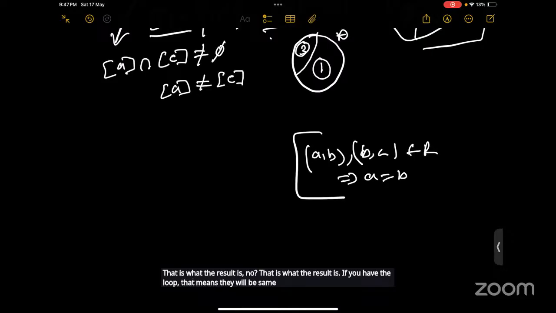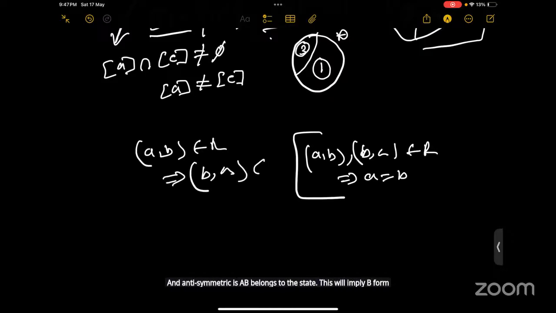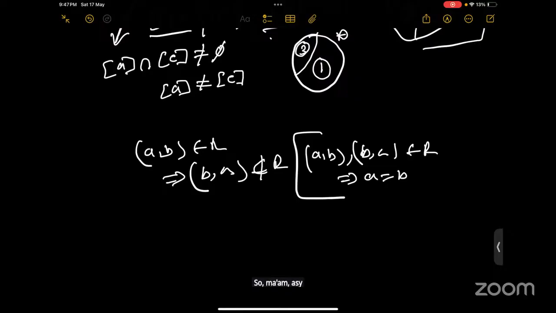Asymmetric is a reflexive relation. And antisymmetric is: (A, B) belongs to the set, this will imply (B, A) will not be in the relation. So, ma'am, asymmetric will be reflexive. It may be reflexive, may not be reflexive also.